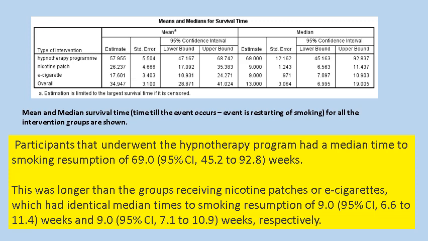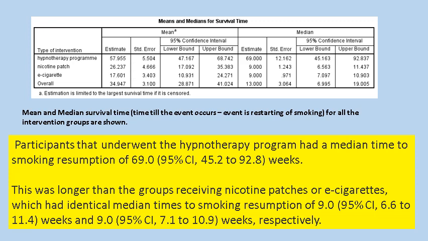Similarly, for e-cigarettes also, mean time to smoking resumption or restarting of smoking was 17.601 weeks and a 95% confidence interval from 10.931 to 24.271.